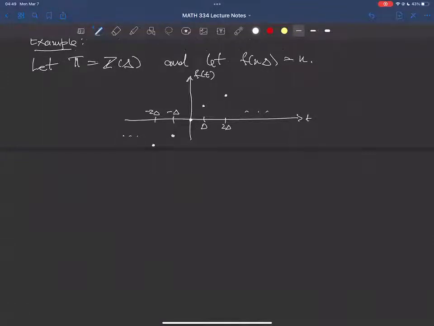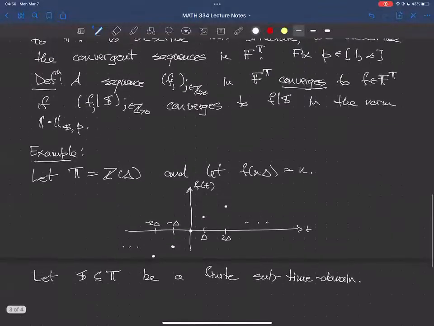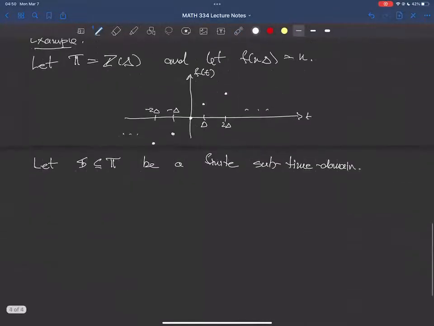So now according to the rule, we're going to take a finite subtime domain S, and we're going to think about convergence of this sequence to this signal.